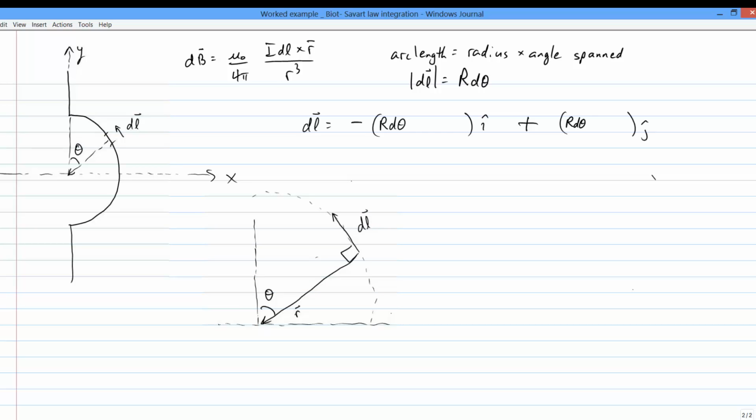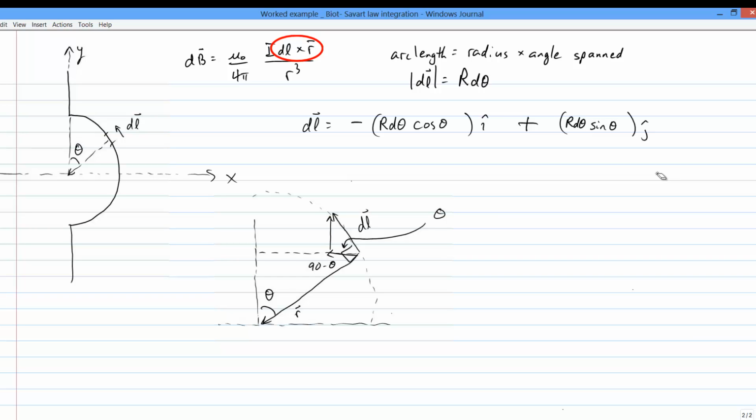Note that dl is tangent to that circle, and so it makes a right angle with that r vector. Now we can mark out the components of dl and walk theta over. So that's the angle associated with dl that's actually equal to theta, meaning the i hat component of dl goes like cos theta, and the j hat component goes like sine theta.